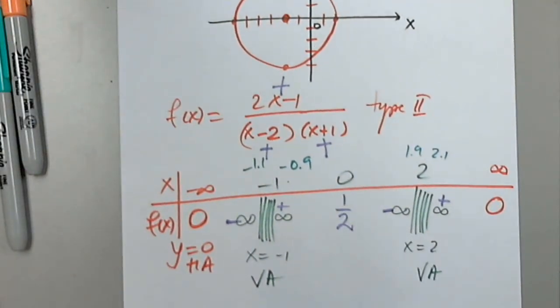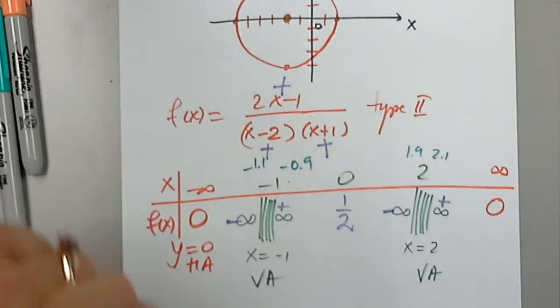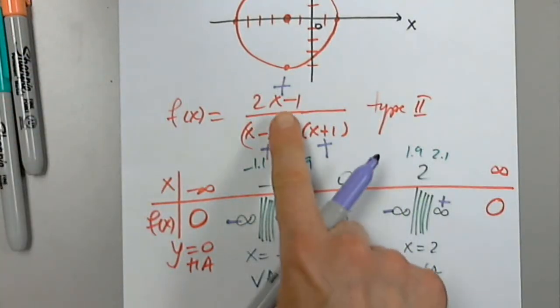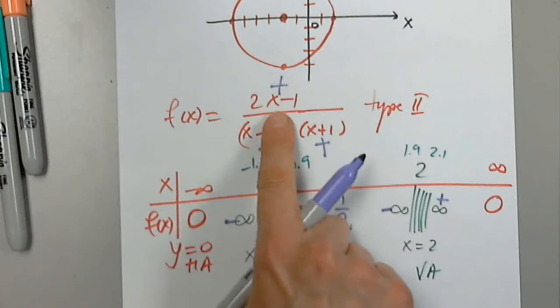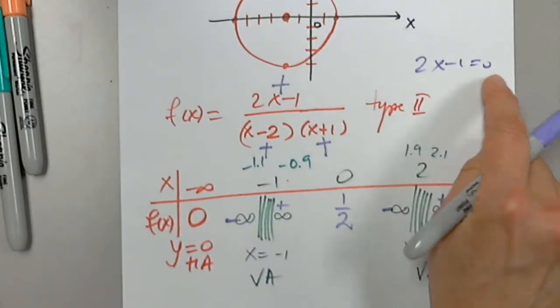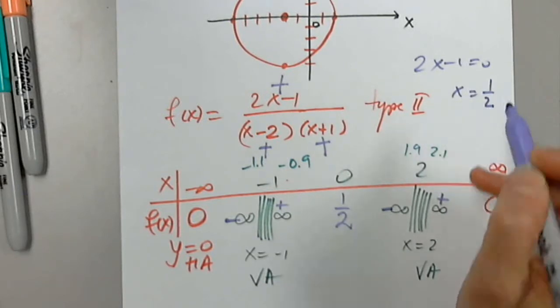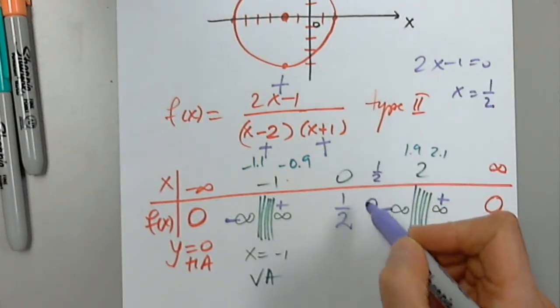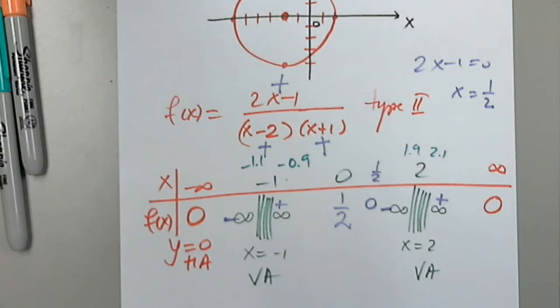And the final question is, when is this function 0? When is a ratio 0? When the top is 0. When is 2x minus 1 0? Move 1, divide by 2. So 1/2, comma 0.